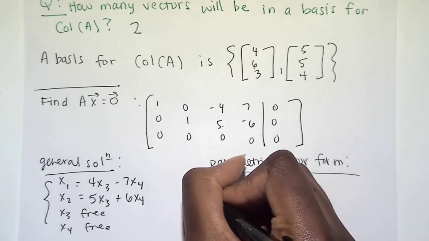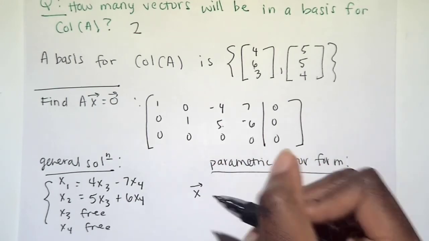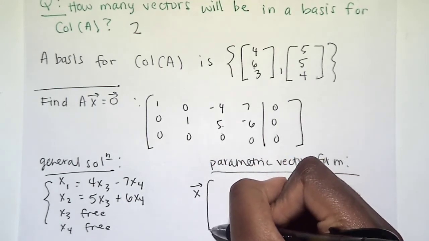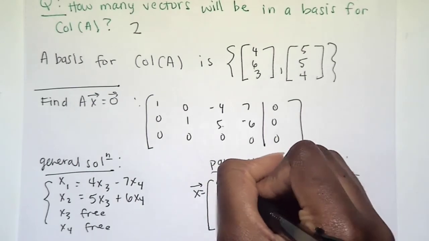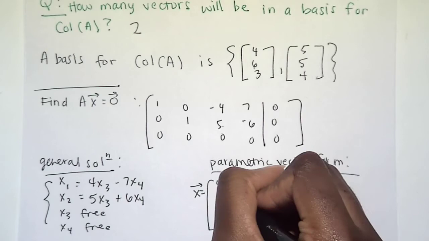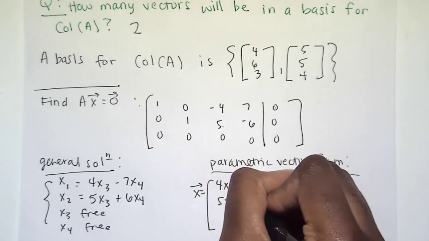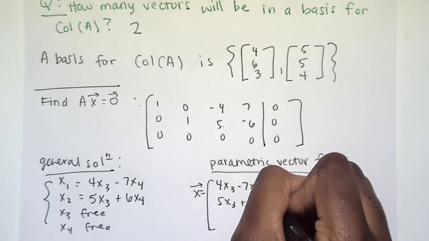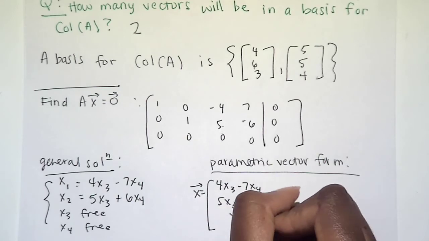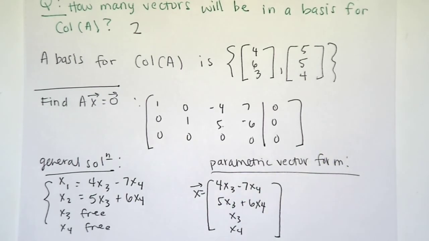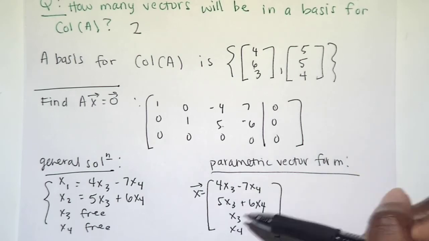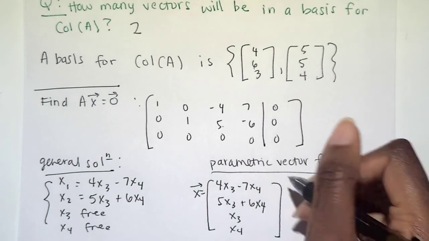All right, so remember, the first step to do that, if you need it, will be to just write everything in one big vector, and then factor out the x3 components and factor out the x4 components.